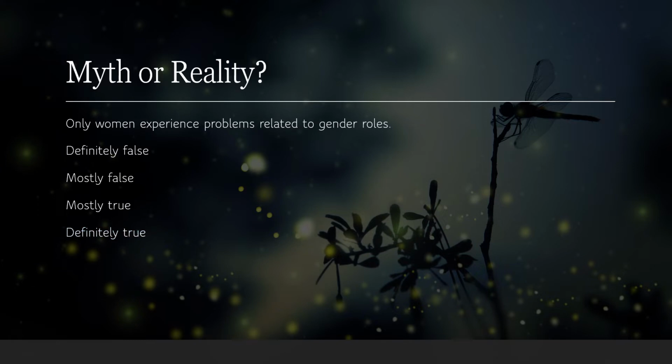Only women experience problems related to gender roles. I think we do tend to hear a lot of emphasis placed on women and their experiences, and certainly a lot of this conversation is pretty legitimate. When we think about the history of women and women's rights, we know that it was only in the last century that women had the right to vote.